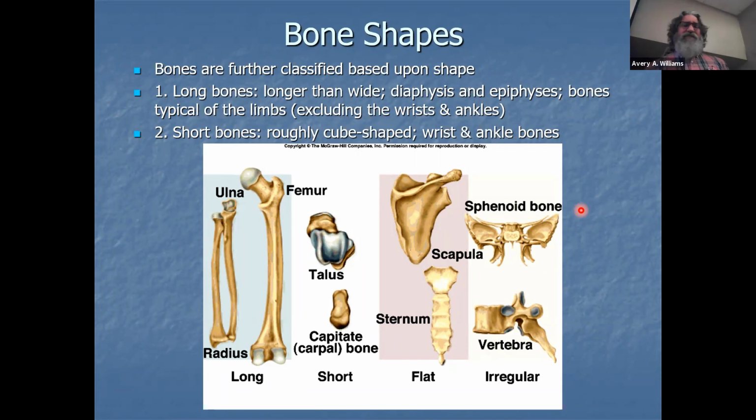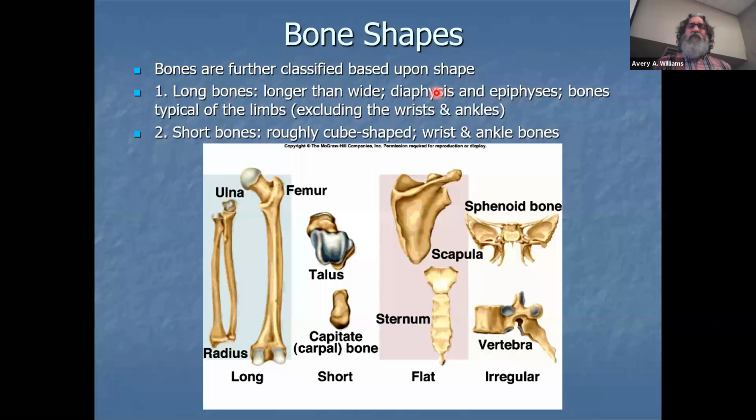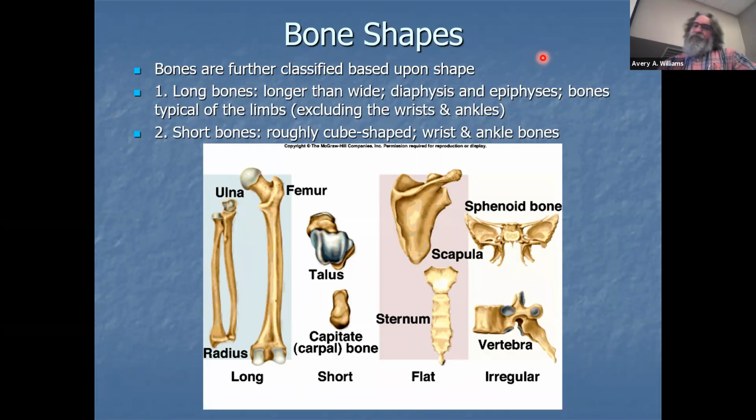They don't have a diaphysis and epiphyses. They form basically from their own ossification center. Okay, so there they go. It's pretty easy. Just think wrist, ankle bones, all your tarsals and all your carpals. Okay.